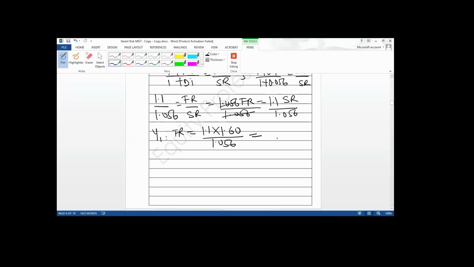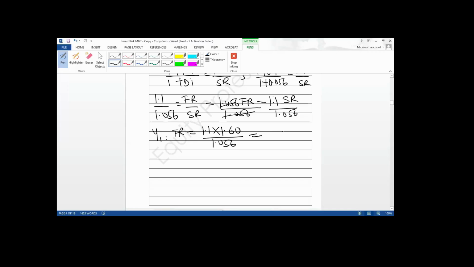Apply your calculator and tell us the answer. $1.67. That is the exchange rate in 1 year's time.